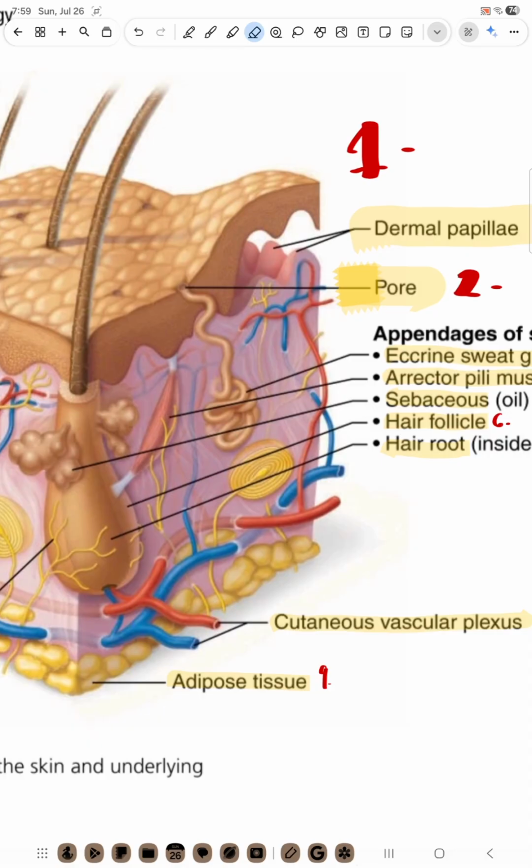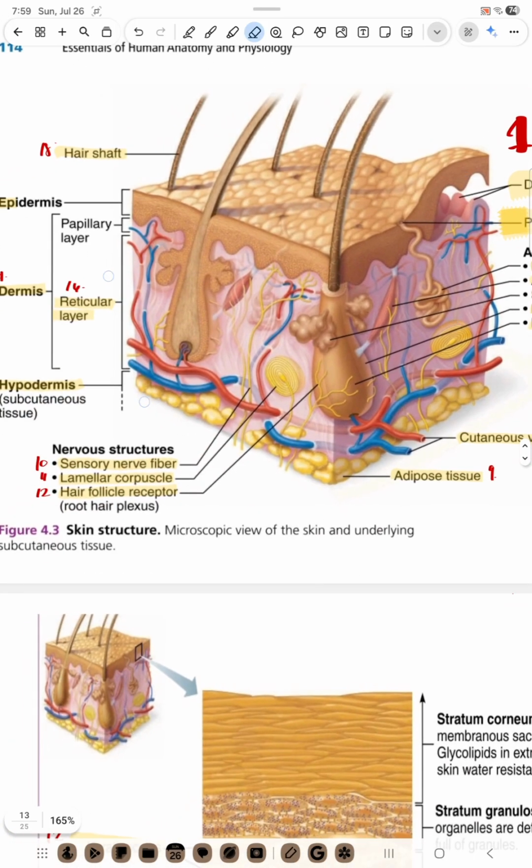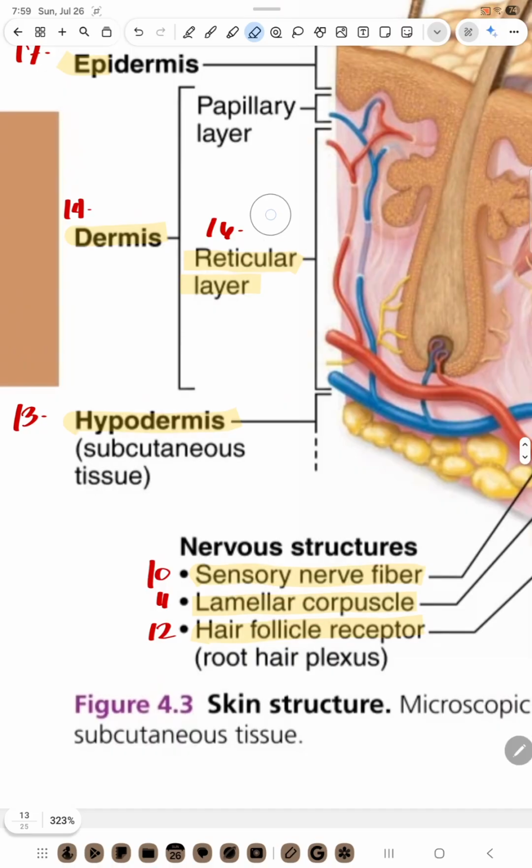So, number 2, we have the reticular area. Yes, kani siya, which is the deepest skin layer, pinakailawom nga skin layer. So it contains dense irregular connective tissue as well as blood vessels.